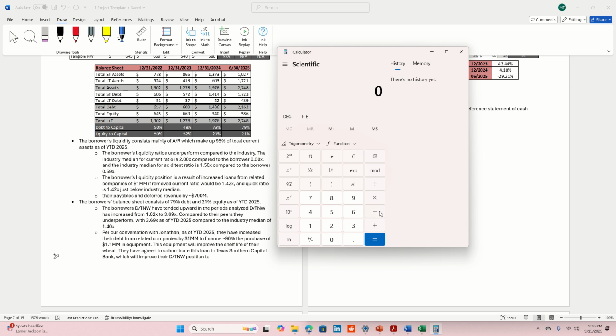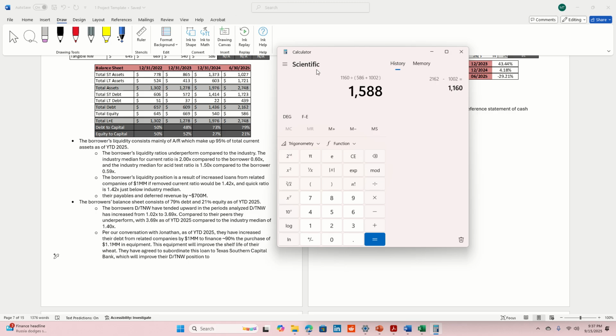And remember, we have 2162 in debt minus 1002, divided by, in parentheses, 586 in equity plus our subordinated debt.